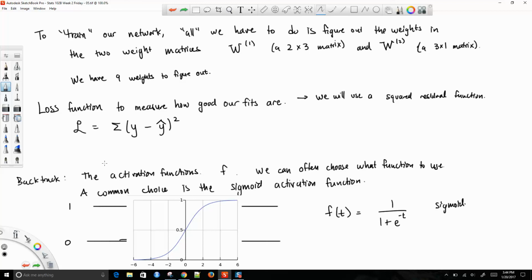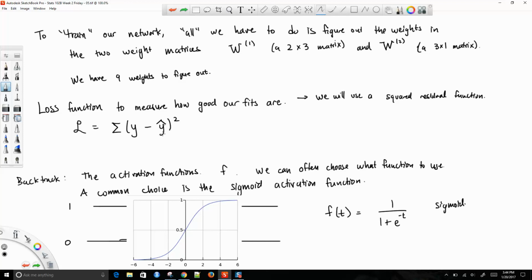We can multiply this by a constant, 1 over n or 1 over 2 or whatever we want. I think in the video they choose to multiply this by 1/2 just to simplify things later, but effectively it's just the squared residual summed up.